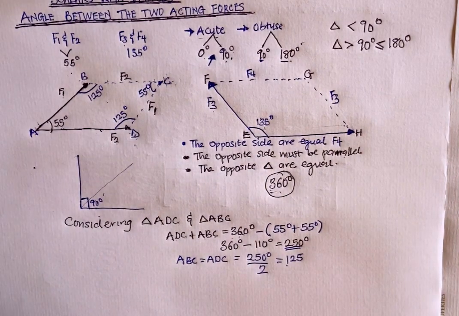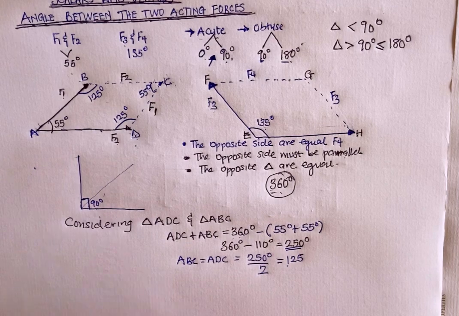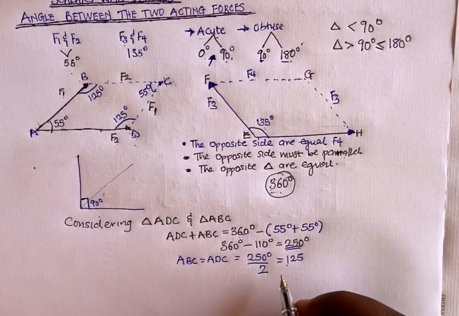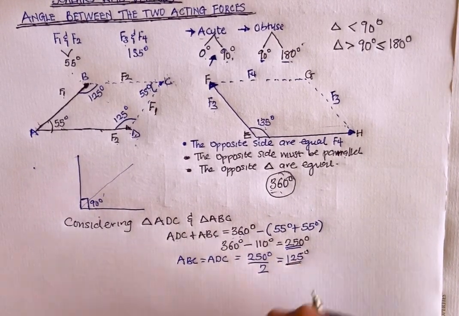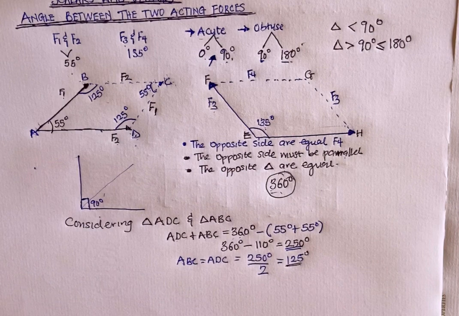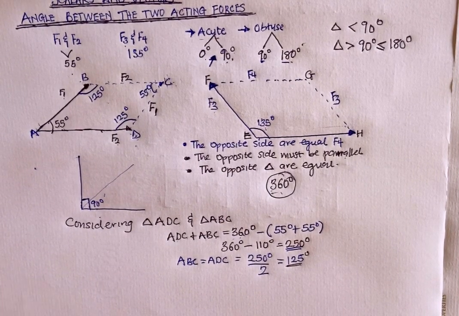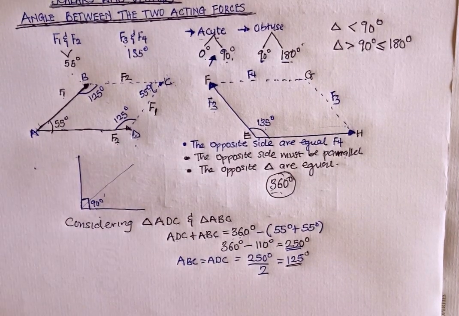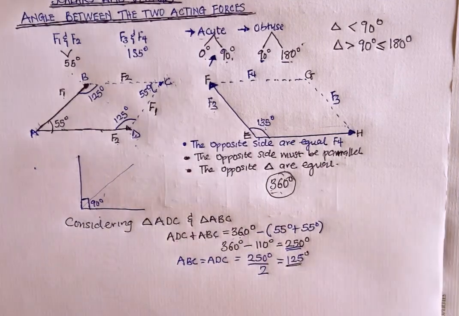So after that, what we actually need to understand here is that since we have everything to be 125 degree, that means if force F1 and force F2 are acting at angle 55 degree to each other, then the leftover angle, the rest of the angle, is going to be the sum of F1 and F2 minus 360.